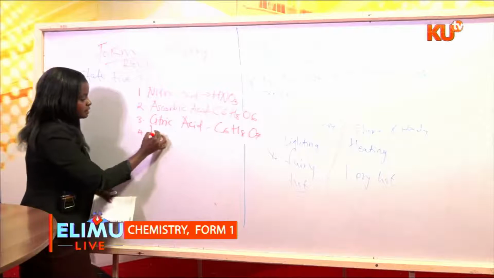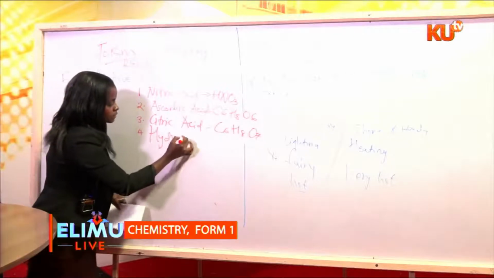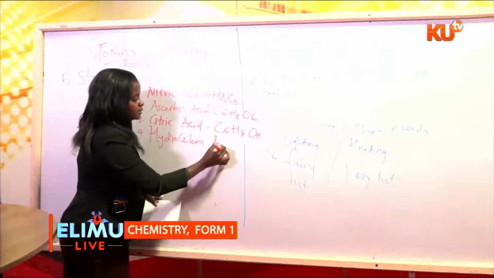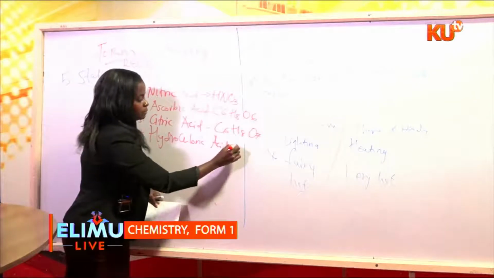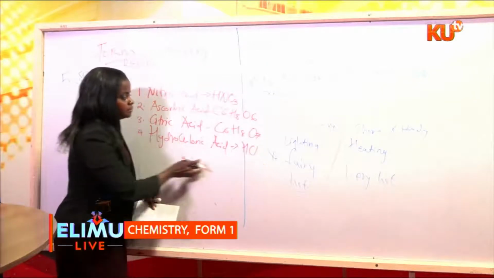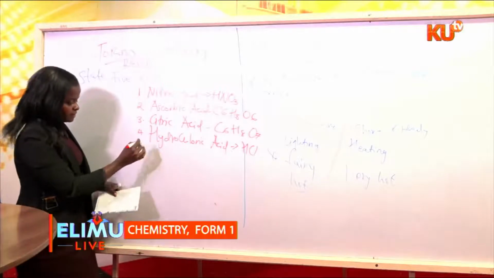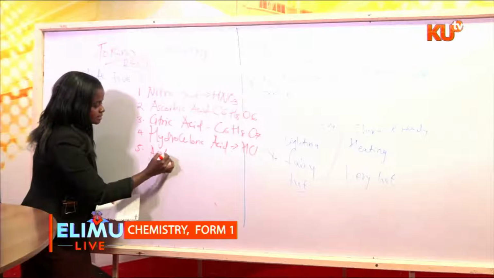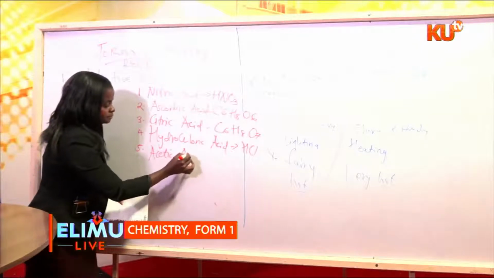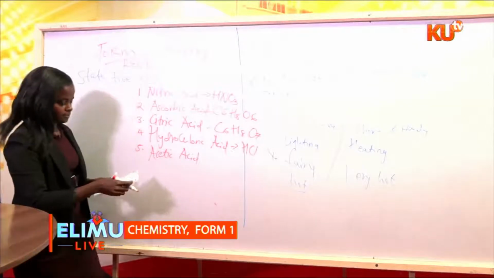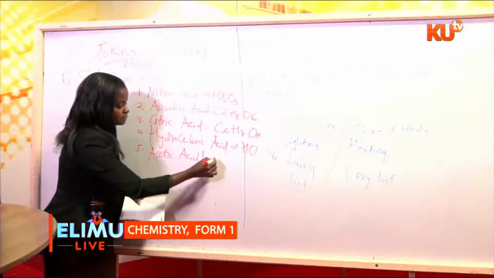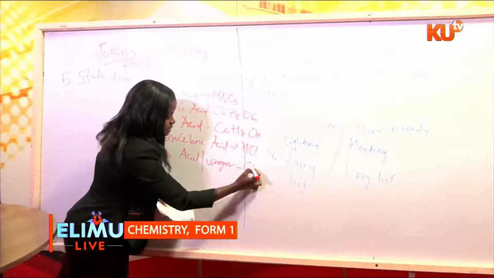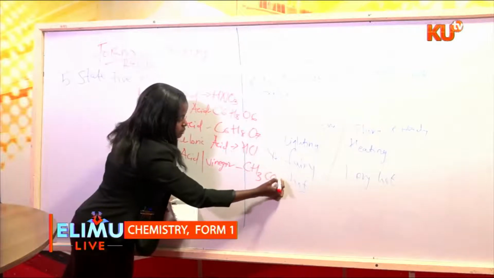And then we have hydrochloric acid. Chemical formula is HCl. Then the fifth acid is acetic acid, or vinegar, CH3COOH.